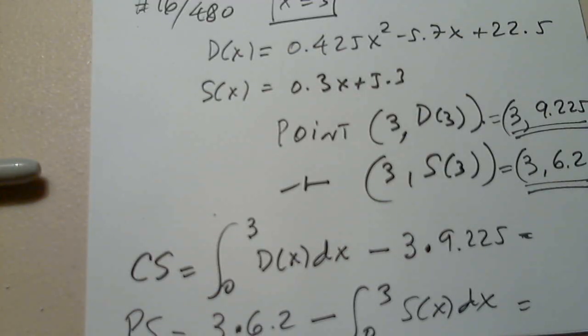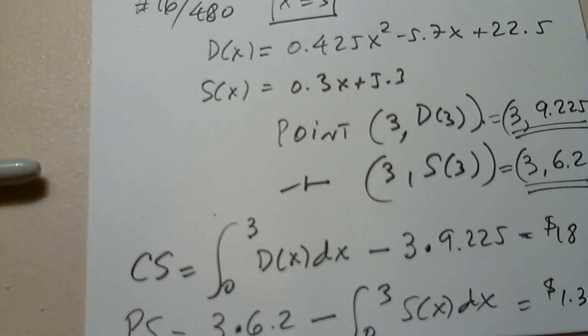So 3 times 6.2 minus the integral from 0 to 3. But now the variable is the second one. Of course, dx. Wonderful. Okay, so it's $18 for the first one and 1.35 for the second one.